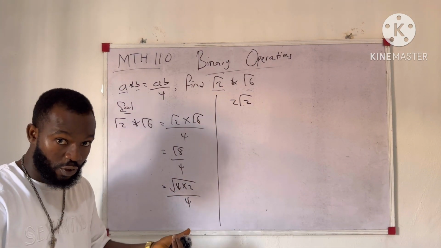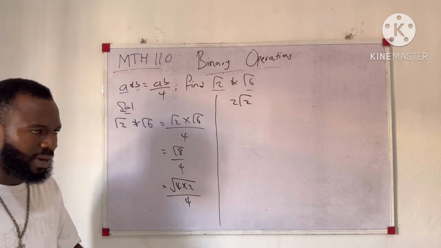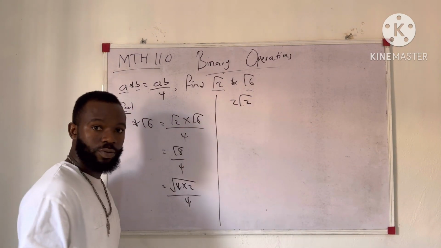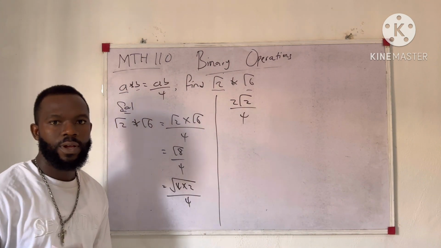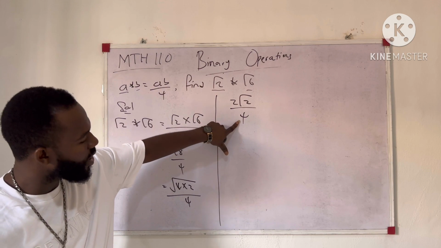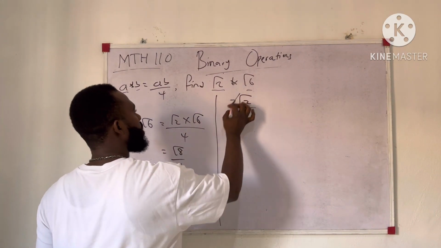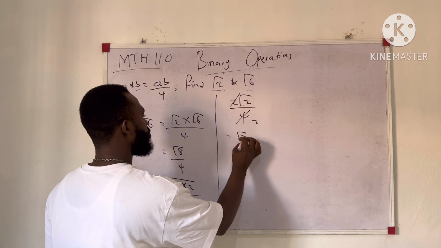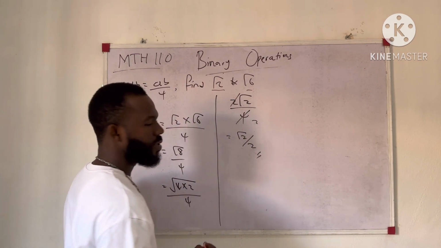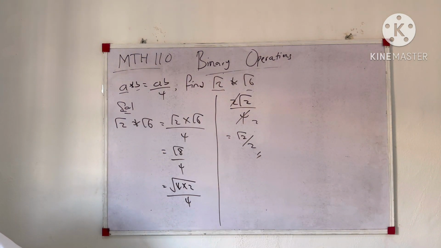But if you use the square root of 2, you'll get decimals, and we don't want decimals. So we have to leave it as root 2. Now, all over, what do we have in the denominator? 4. Now, this 2 here can actually cancel out with 4. So if 2 cancels out with 4, what do we have left? 2. So our final answer becomes root 2 over 2. That becomes the answer to that question.